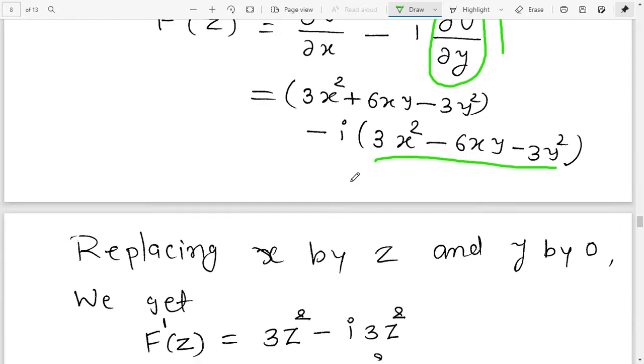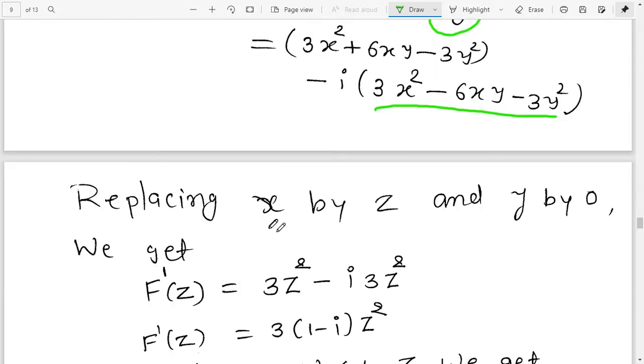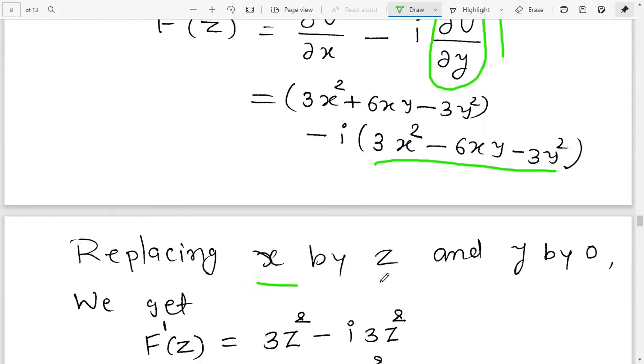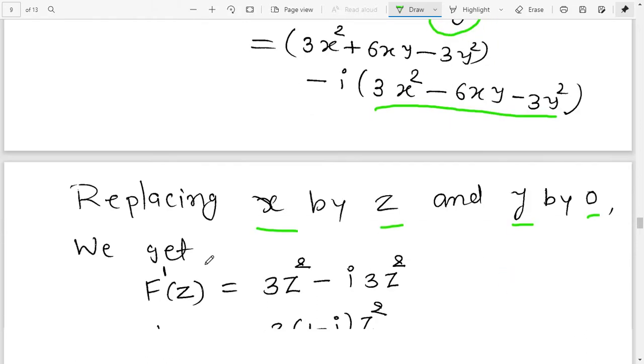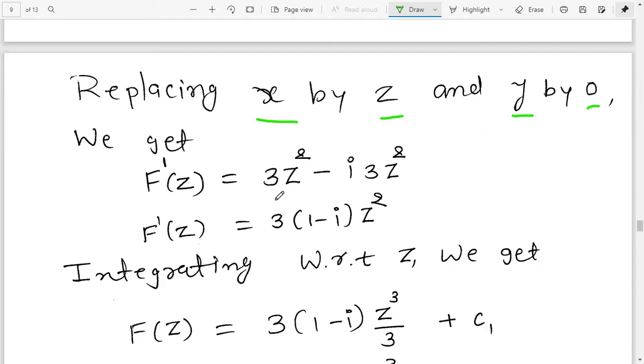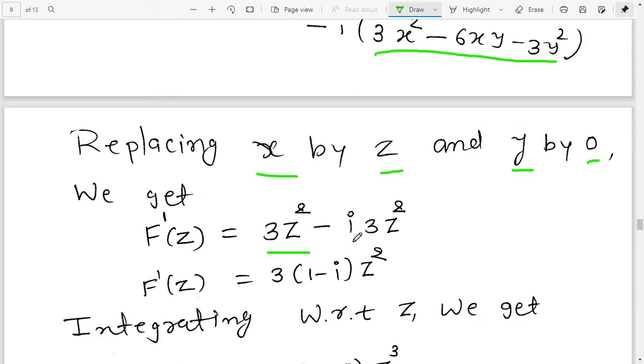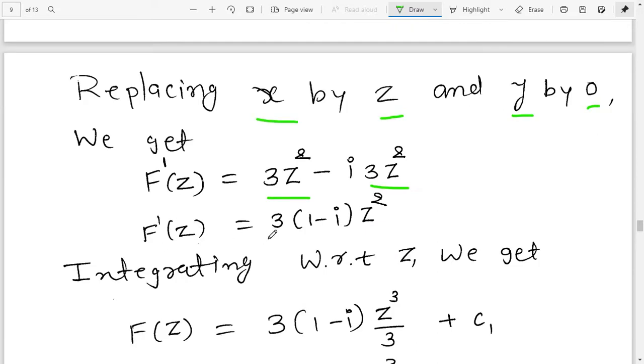Now replacing x by z and y by 0, we get F′(z) = 3z² − 3iz². So F′(z) = 3(1 − i)z².